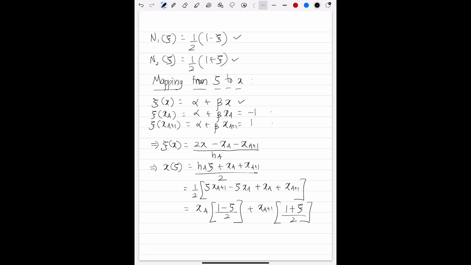Now what's remarkable is that you notice that 1 minus psi by 2 is nothing but n1 of psi, whereas 1 plus psi by 2 is nothing but our second basis function n2 of psi.